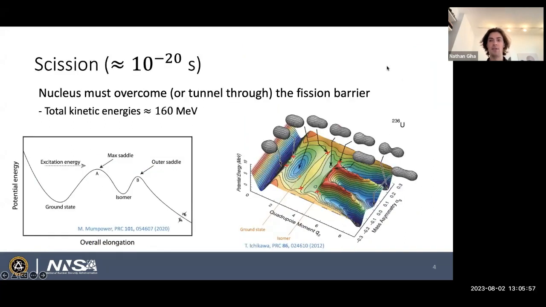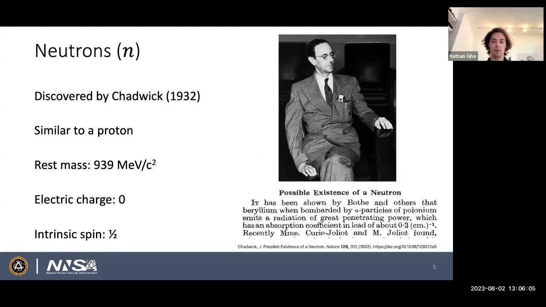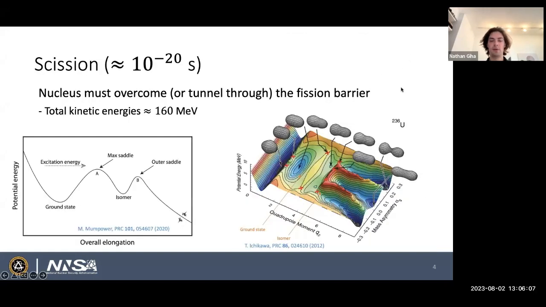So scission is what Kyle talked about yesterday, and I just want to remind you of the term since it'll be used again. Scission is the point in time at which the nucleus actually splits into two. So when it goes from this dumbbell shape to two distinct bodies, that is scission.